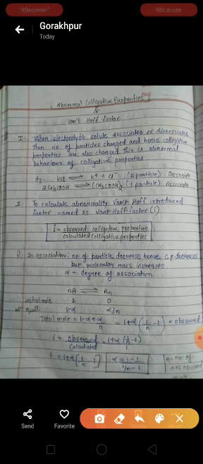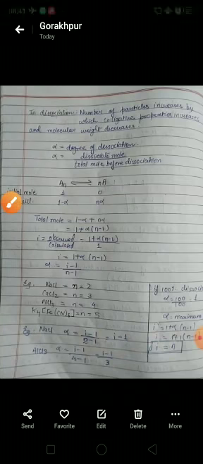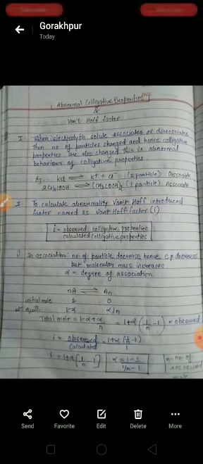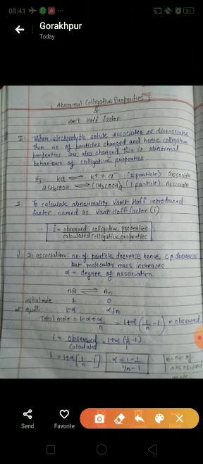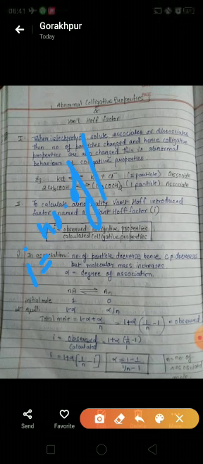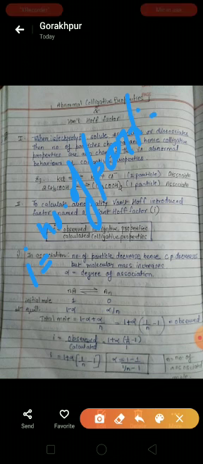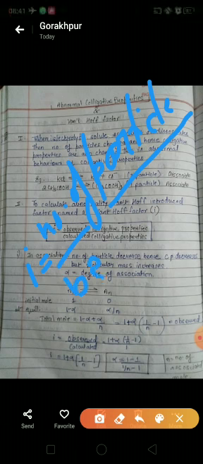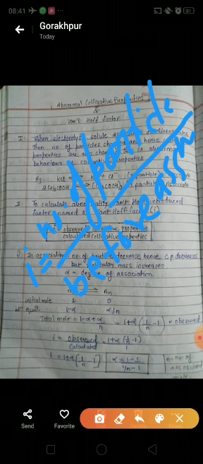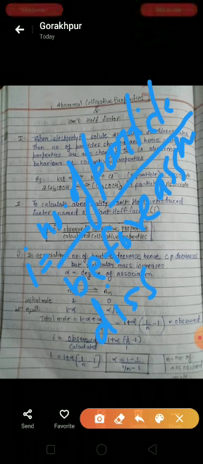It can also be given as, I have not written here, let me write it, i is equal to number of particles after association or dissociation upon number of particles before association or dissociation.